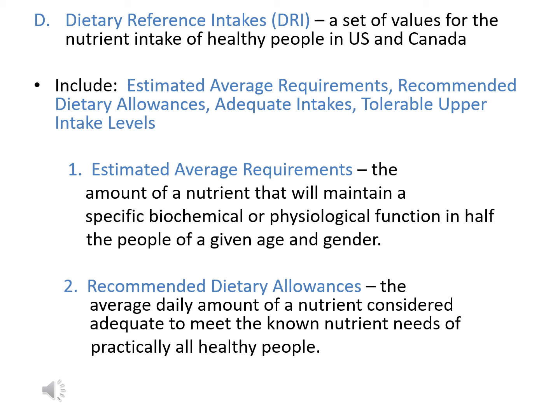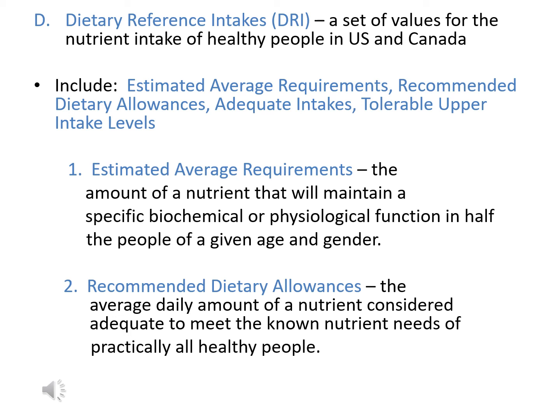Usually the first thing that's established is what's known as the estimated average requirement. This is the amount of a nutrient that has been determined that is necessary to maintain a specific function or biochemical processes within the body in about half of a population of healthy people of a given age and of a given gender.